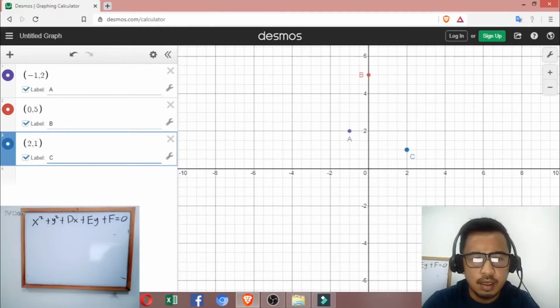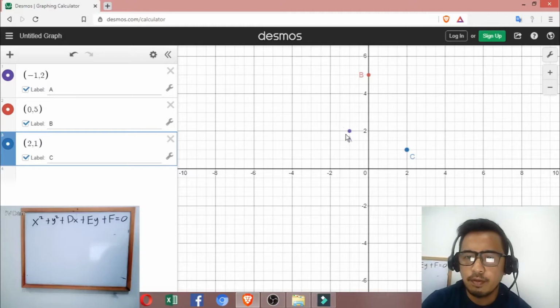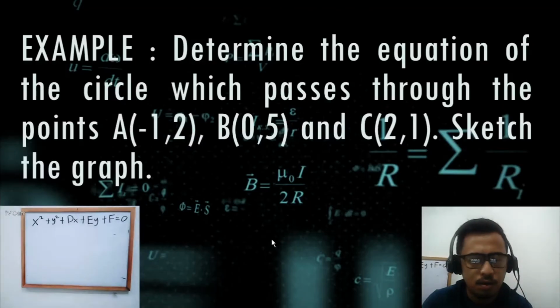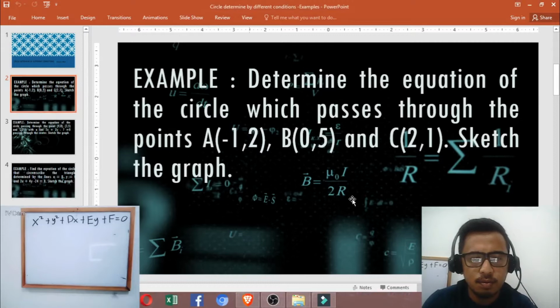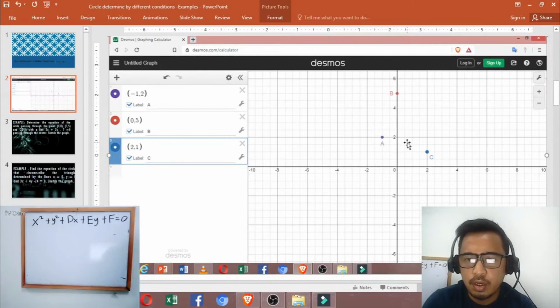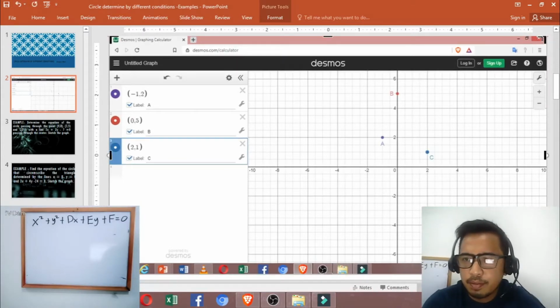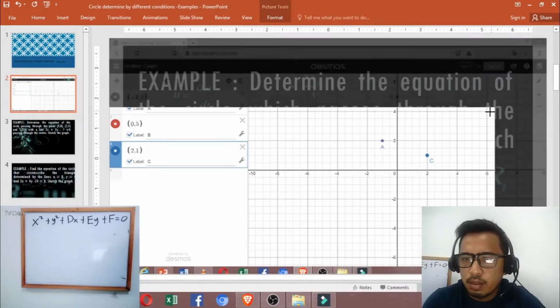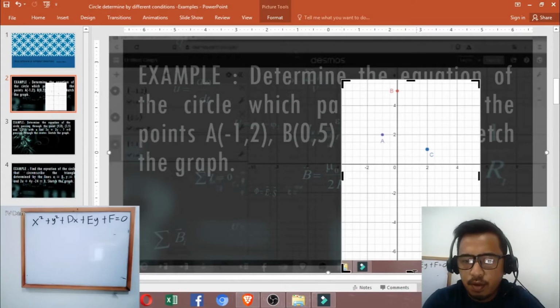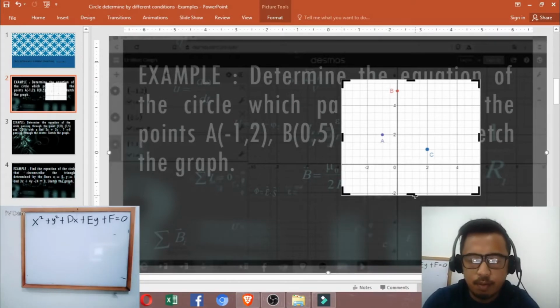These are the points from our circle. So probably our circle will look like this. So we will use print screen and go back here. You paste the picture, then you crop it so that you can easily look for the graph of your given problem.